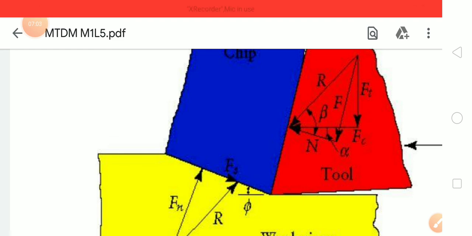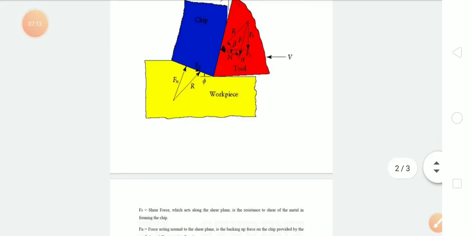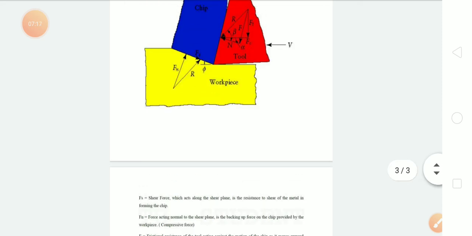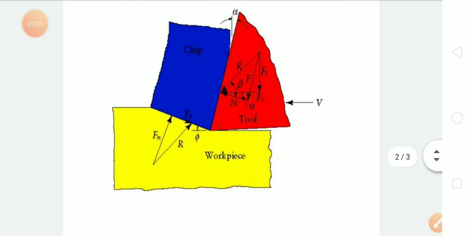So these are the basic cutting forces acting on a tool for oblique cutting. Oblique cutting means the cutting is happening in two dimensions, in the x, y or y, z or x, z plane. That is why we have this many cutting forces for oblique cutting.